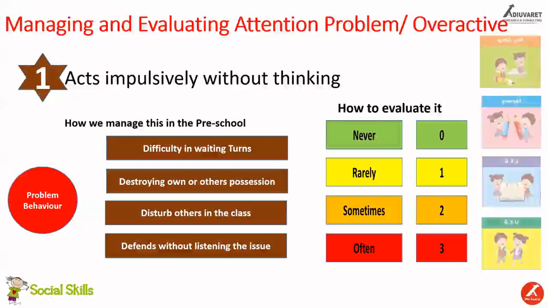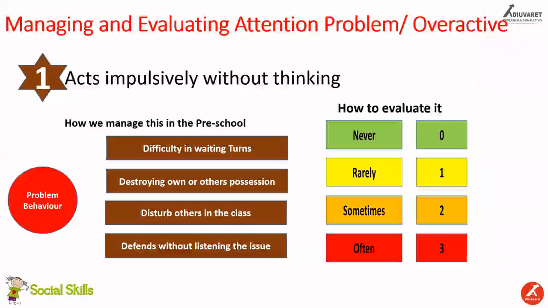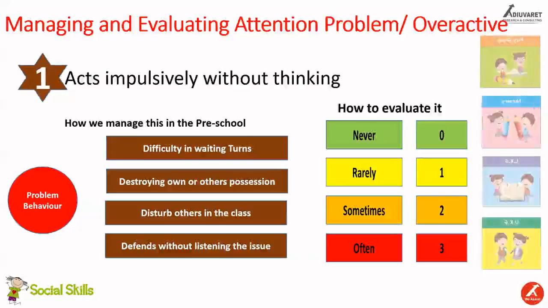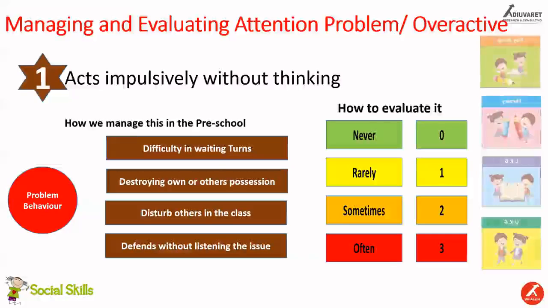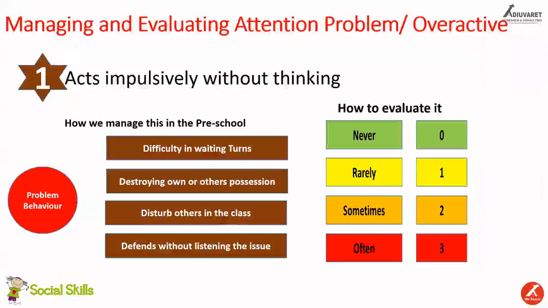If the child shows a score of around 4 to 8, then we have to be a bit concerned, and such behavior reflects moderate impulsiveness in the child, and we have to act accordingly by looking at what kind of behavior the child is showing.